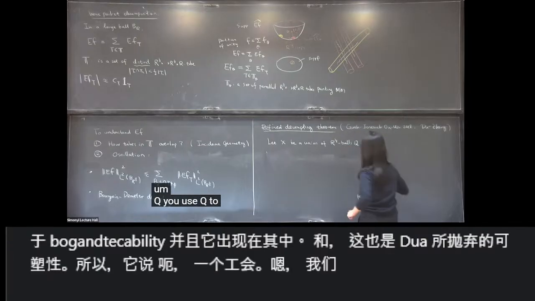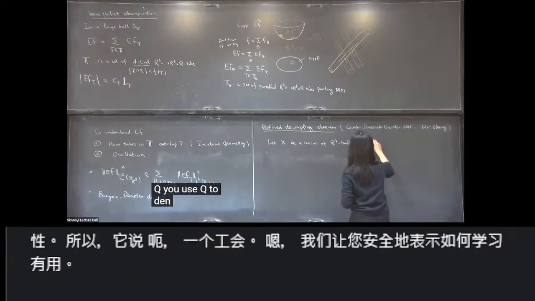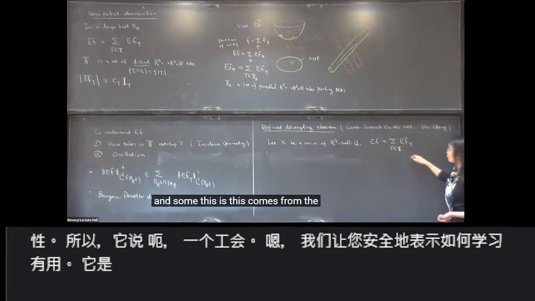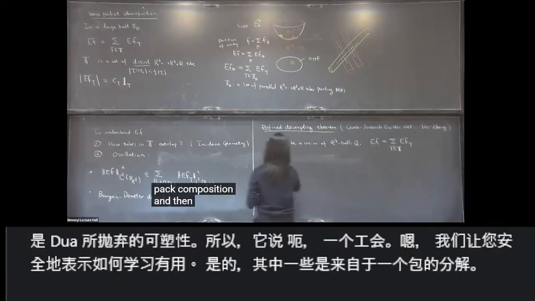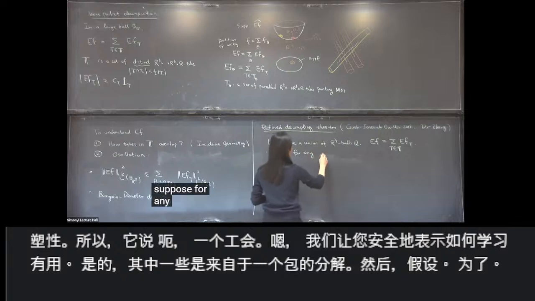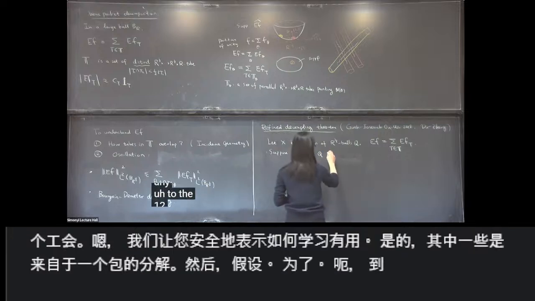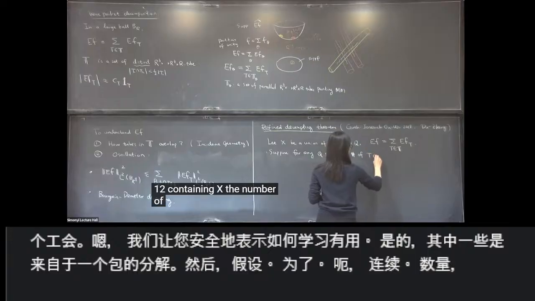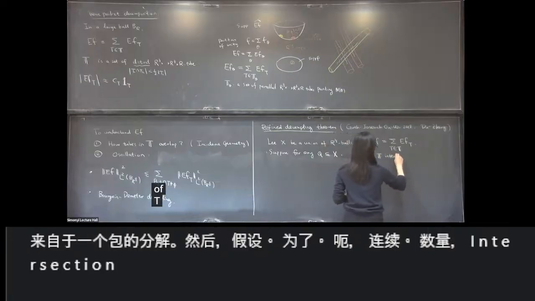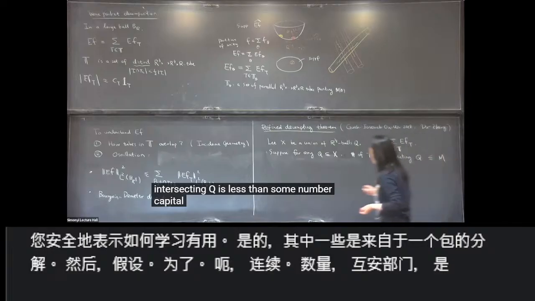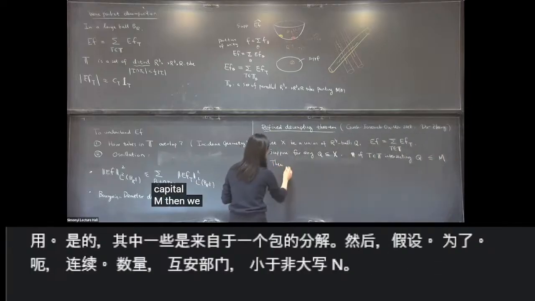We use Q to denote R to the 1/2 balls, and EF equals the sum over, this comes from the wave packet decomposition, and suppose for any R to the 1/2 ball Q containing X, the number of T intersecting Q is less than some number capital M, then we have the following.